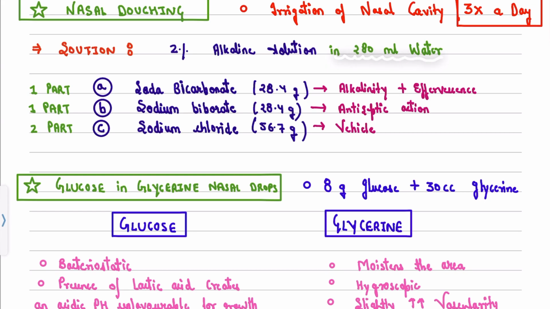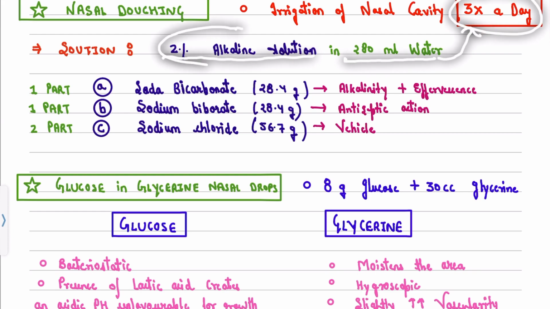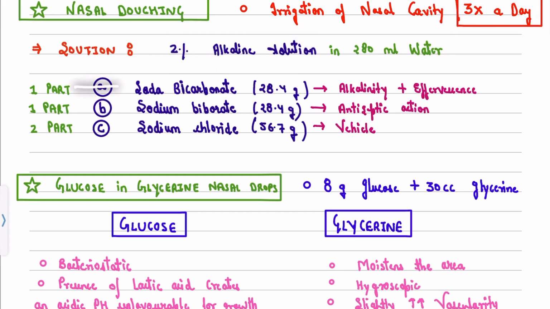What are the components of this alkaline solution? One part sodium bicarbonate, one part sodium biborate, and 2 parts sodium chloride.